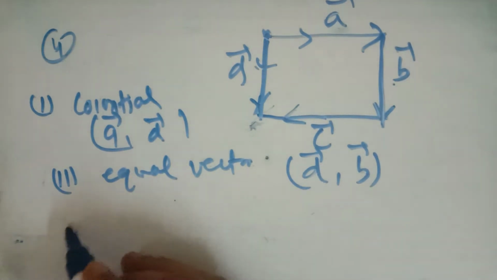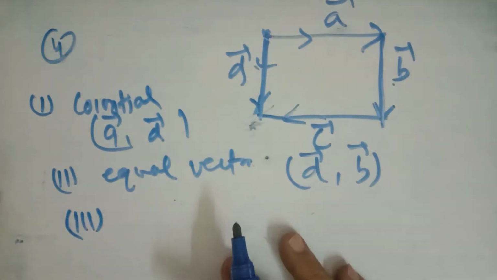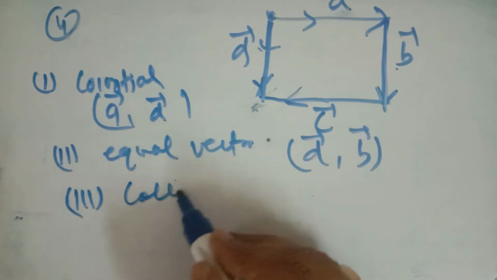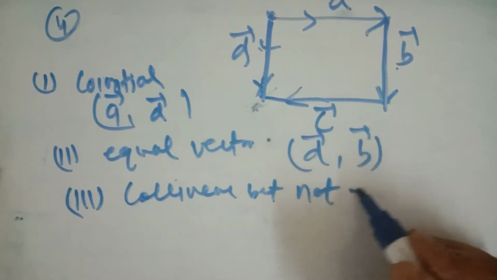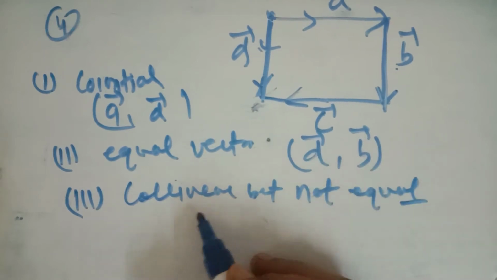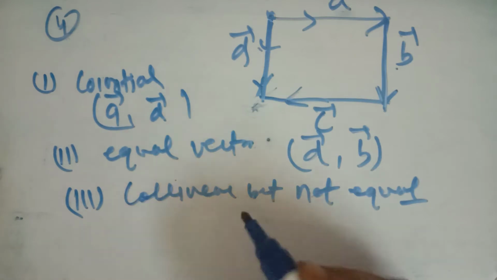Now after that, you have to tell the collinear vectors, collinear but not equal. Not equal means the direction should be different. Collinear vectors are those which are parallel to a given vector. They can have different as well as the same direction.